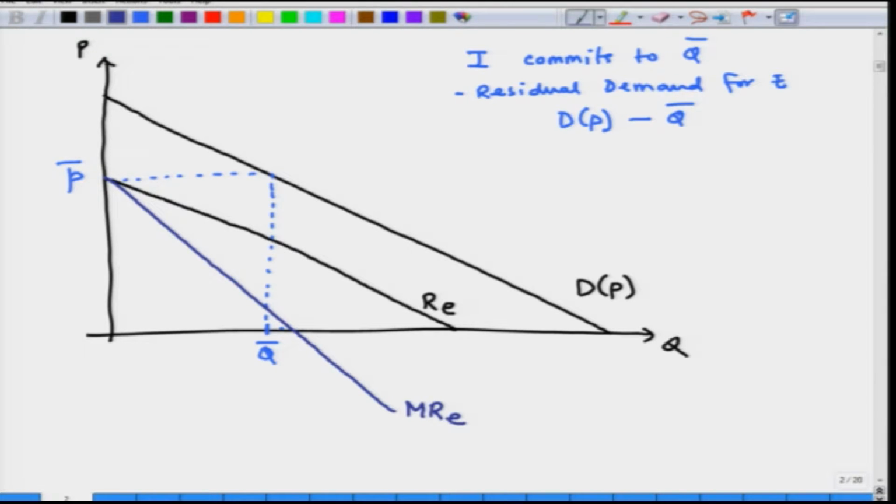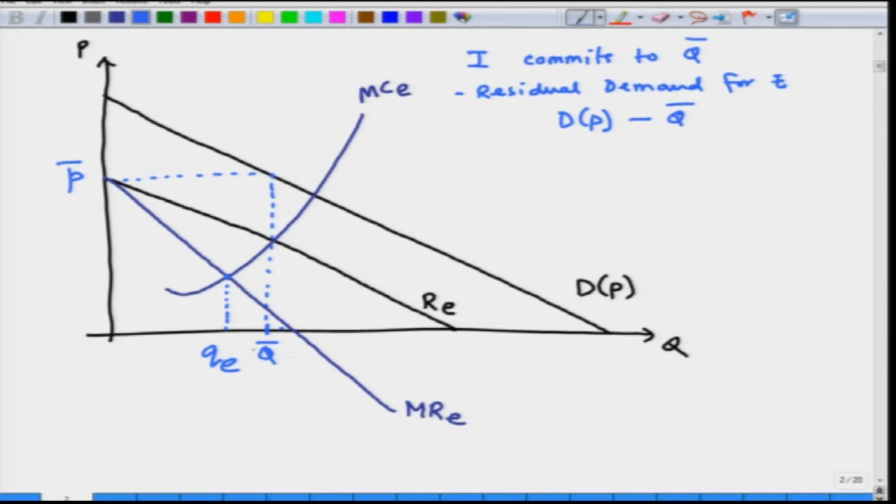Let us suppose that the marginal cost curve is somewhat like this. So, this is the marginal cost curve of the entrant. Now, profit maximization implies that the entrant compares the marginal revenue with its marginal cost and chooses to produce an output which is given by, let us say, QE.